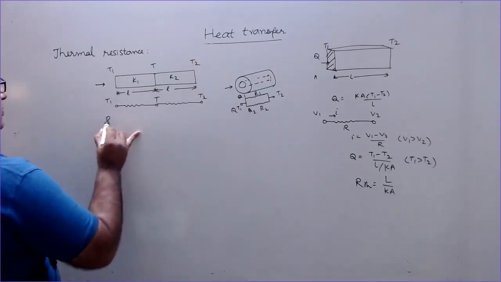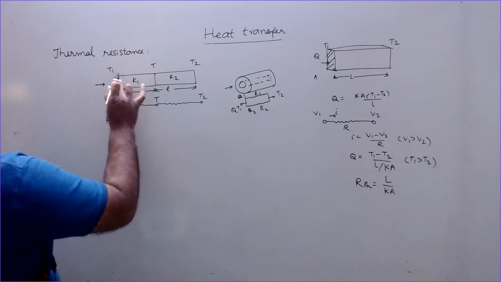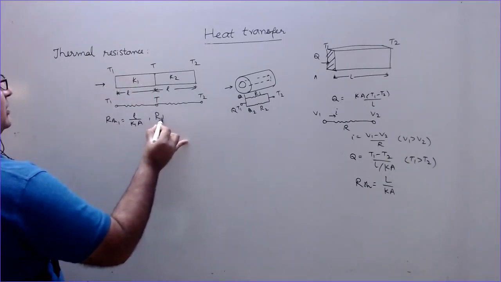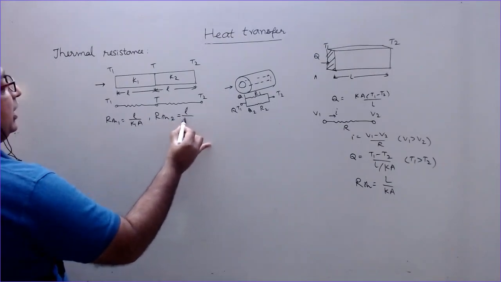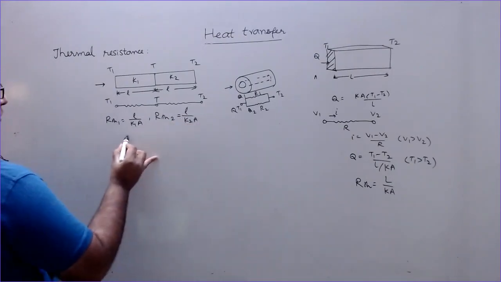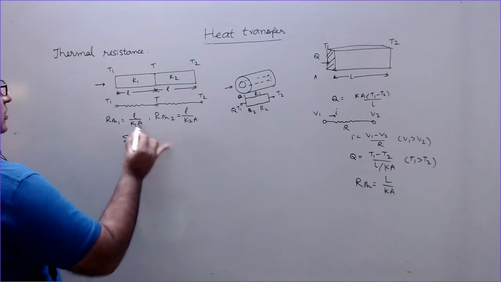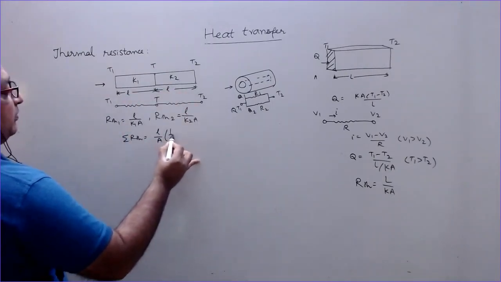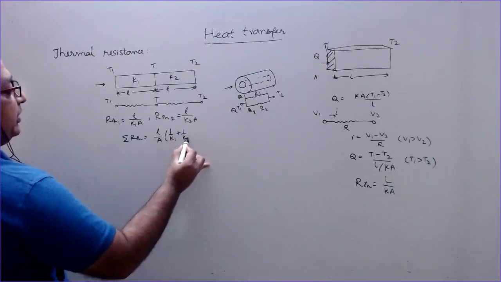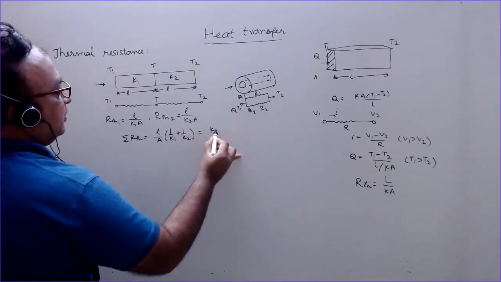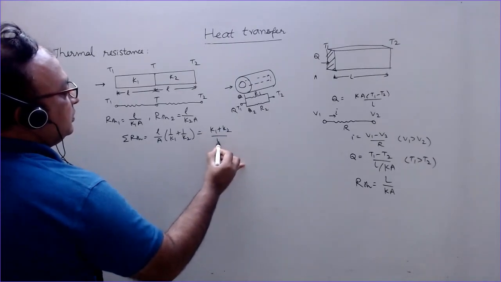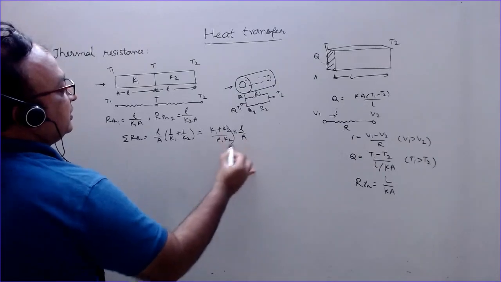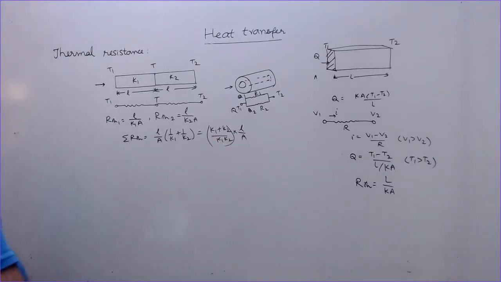Now what is the thermal resistance of body 1? This is L by K1A. Thermal resistance of body 2, L by K2A. So what is the total thermal resistance? Sum of these two, they are in series. L by A, (1 by K1 plus 1 by K2), or (K1 plus K2) by K1K2 into L divided by A. This is the total thermal resistance.